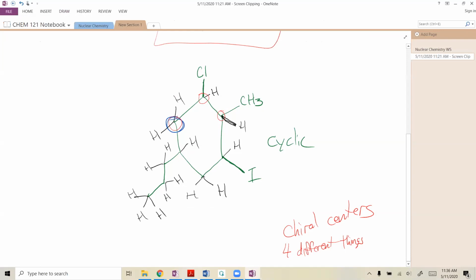And so when we mirror it, that means that we could kind of line up a plane where they would look the same. But Kaylee's right, that number 3 is going to be an example of a chiral center because it's connected to 4 different things. You have a carbon here, a different type of carbon here, an iodine, and an H. All of our other ones are all non-chiral centers because they're connected to 2 things that look the same.